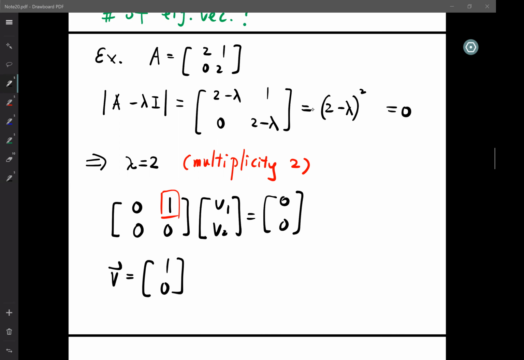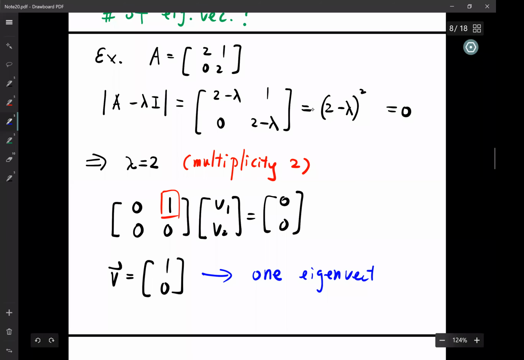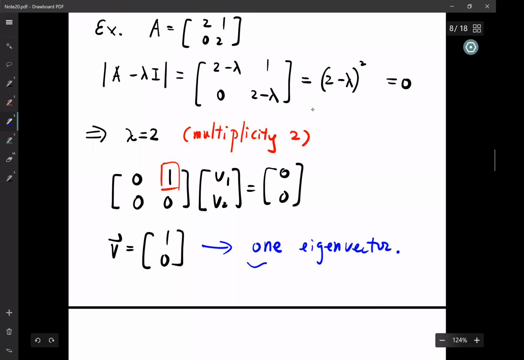So you see that for this, there's only one eigenvector. Where's the other one? This is the only possible eigenvalue, and we have only found one eigenvector. A more precise statement is, of course, once you find one eigenvector, there are infinitely many eigenvectors. I can just change this to be 2, 0, 3, 0.